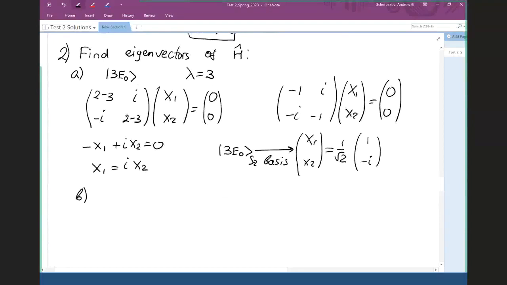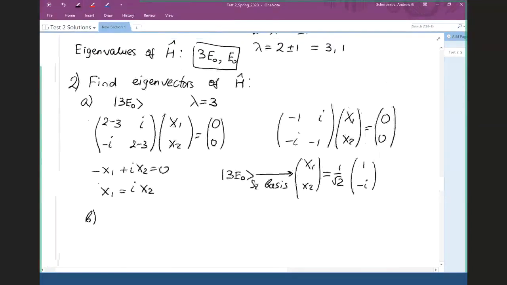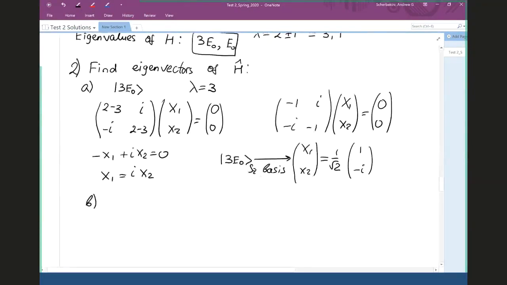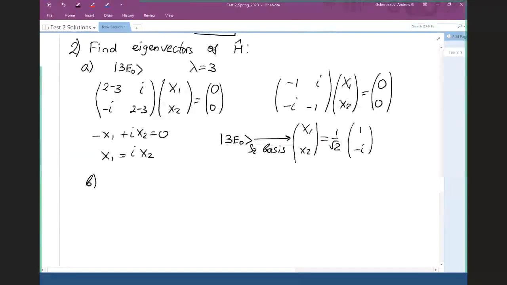The second vector, remember our lambda over here was 3 and 1, which means our eigenvalues were 3 E naught and just 1 E naught. So my second eigenvector of the Hamiltonian is just 1 E naught, which corresponds to lambda equals 1. Let's find that.